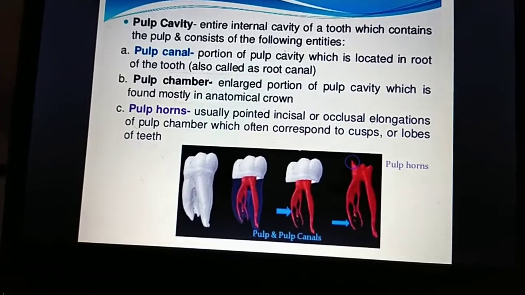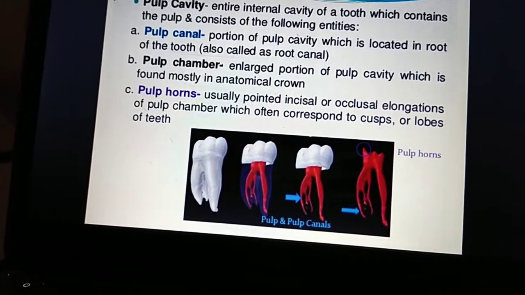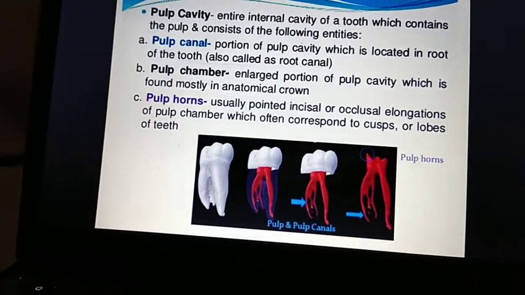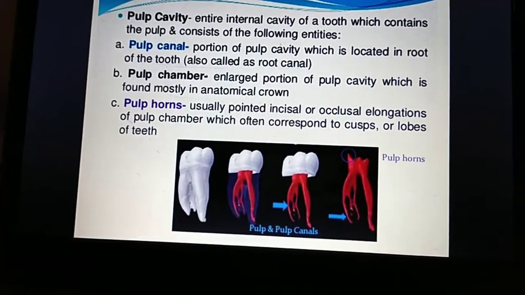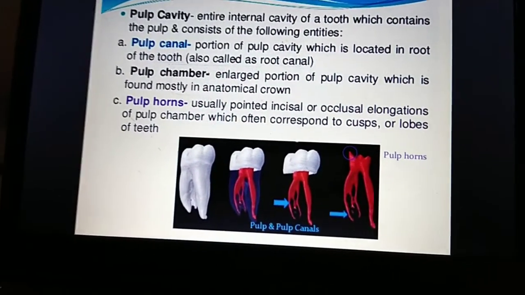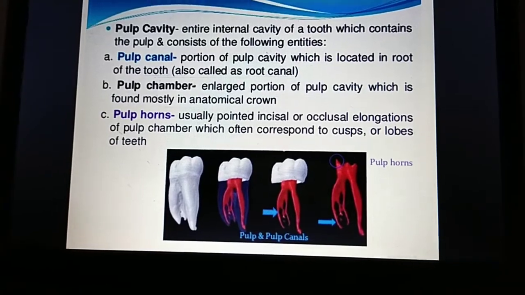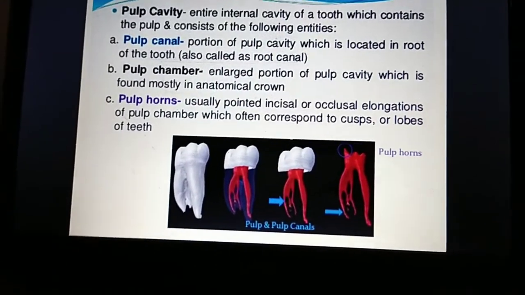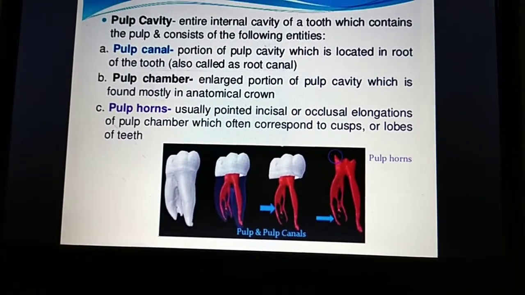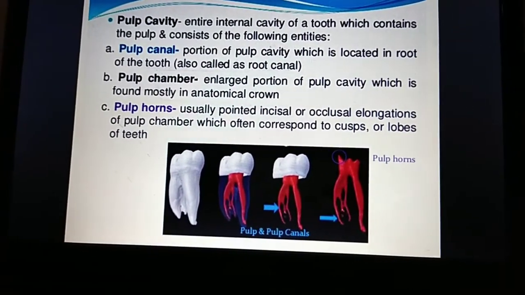Pulp horns: usually the pulp chamber has some projections in the anatomical crown, and these projections are called pulp horns, usually pointed incisal or occlusal elongations of the pulp chamber, which often correspond to the cusps or lobes of teeth.